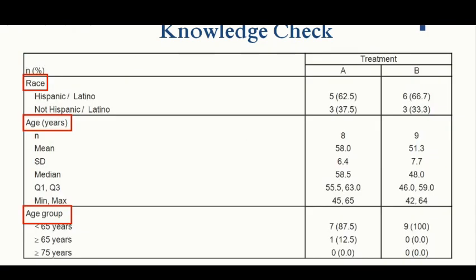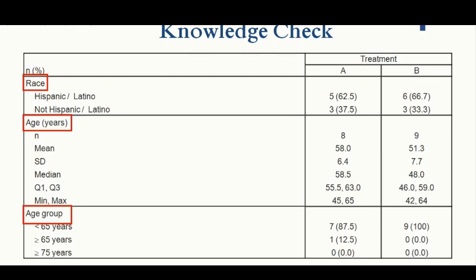All of you are SAS programmers, and you have seen this kind of report, or you generate this kind of report by running proc freq or proc summary, proc tabulate, and some such SAS procs. So here you see some of this data like this: race, which is Hispanic or Latino or not Hispanic or Latino; age, for which you have these quantities: n, the number of people, mean, standard deviation, median, quartile 1, quartile 3, minimum, maximum.